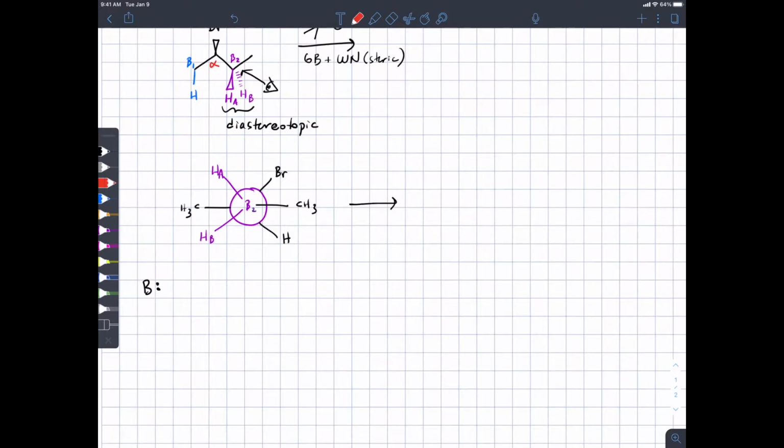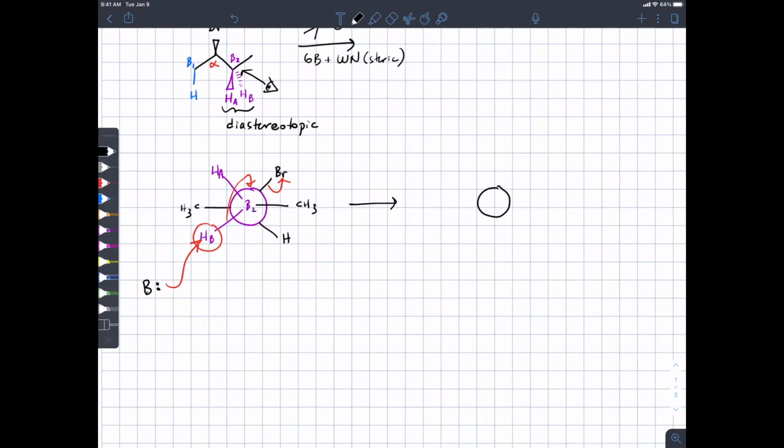Because HB is the one that is anti to the leaving group. That's where some of the LUMO is going to be. So if we do the E2 reaction, this arrow here represents electrons going to the space between the alpha and beta 2 carbons, and then the leaving group leaving.